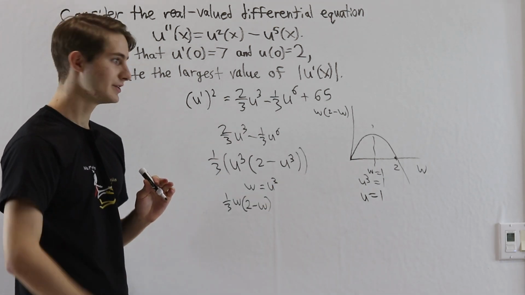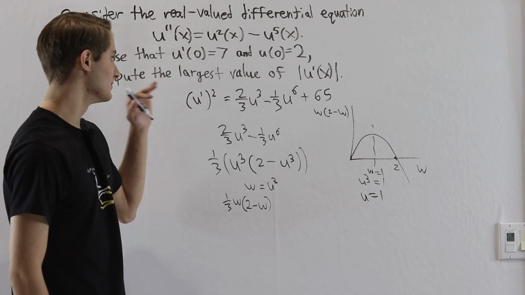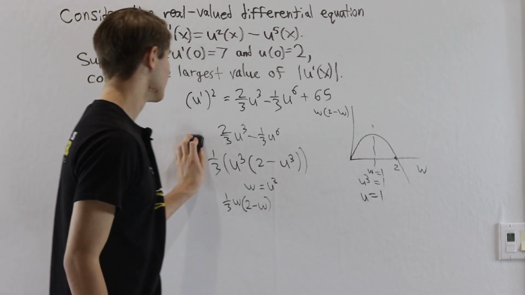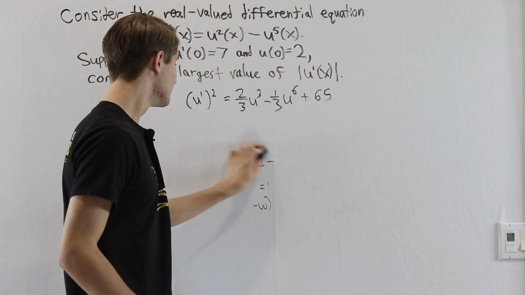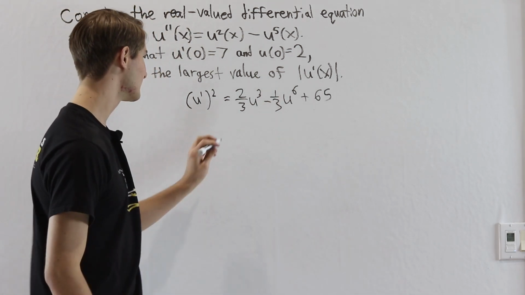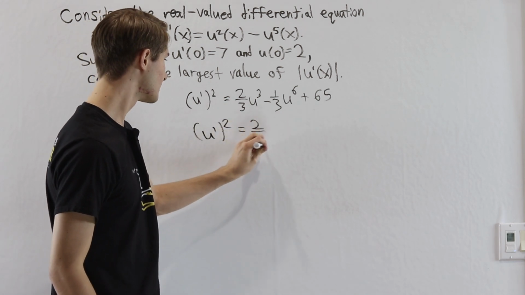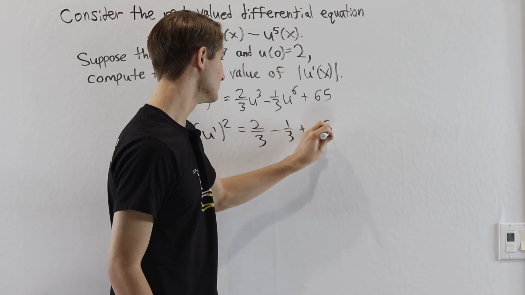And so without any calculus at all, we figured out the u value that gives us the maximum answer for our u prime. All we have to do now is plug it in to the equation that we have here, u equals 1. If we do that, we can basically just ignore the u's on the right side. So we're going to have u prime squared equals 2/3 times 1 minus 1/3 times 1 plus 65.